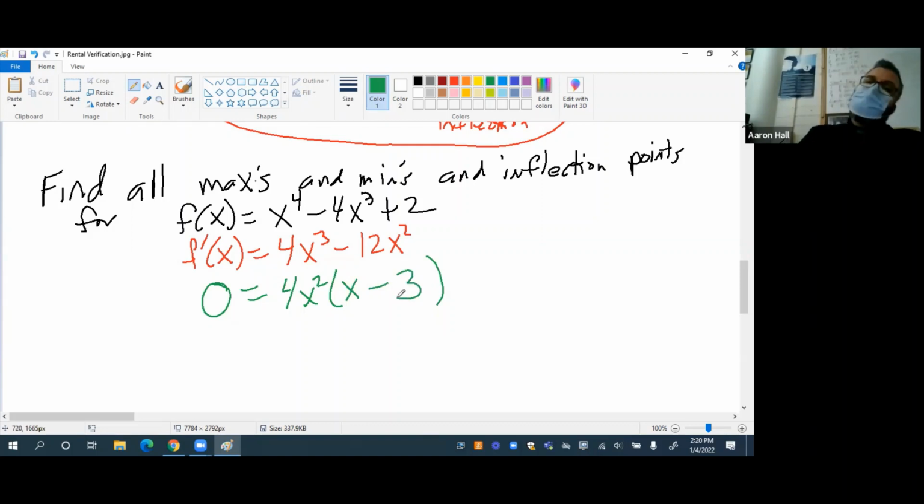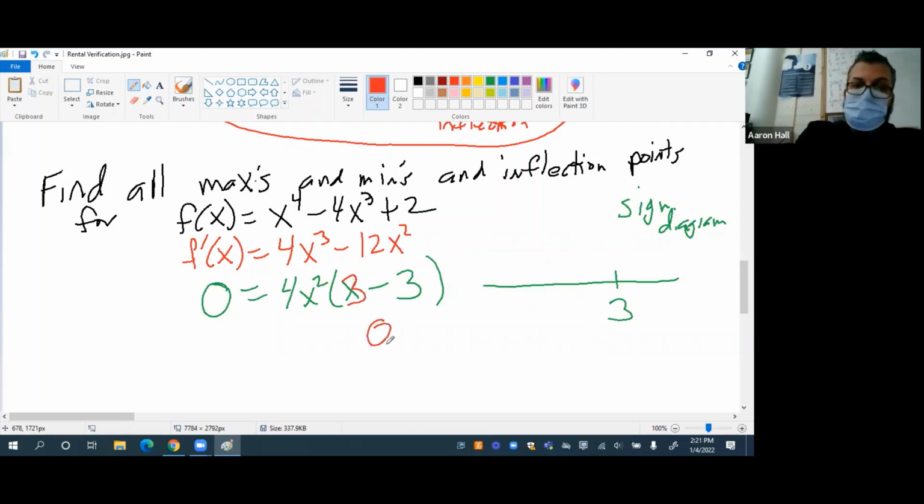So what are my critical points? Critical points don't mean a max or a min or an inflection point. A critical point means something I need to look at. What are my critical points for my sign diagram? I agree with you. 3 is a critical point because if this x is 3, then 3 minus 3 is 0, and anything times 0 is 0.